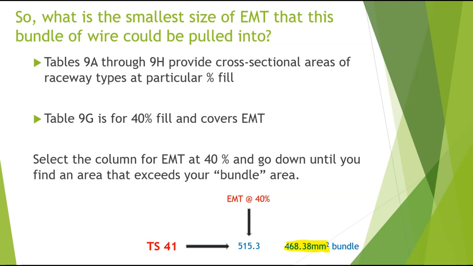Then what we're going to do is go down the 40% fill column under EMT, and we're going to look for a number that is equal to or greater than our calculated bundle cross-sectional area. And when we do that, we come to this number of 515.3.